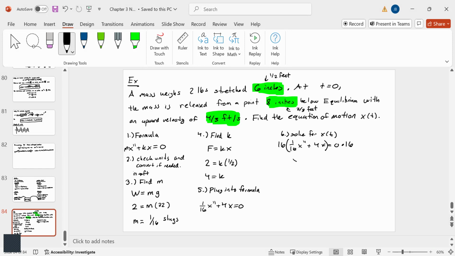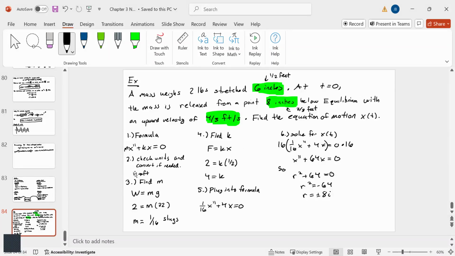And so what I end up getting is x double dot plus 64x equals 0. And then now I do my whole analysis, right? So r squared plus 64 equals 0. r squared is equal to negative 64. So r is equal to plus or minus 8i, right?